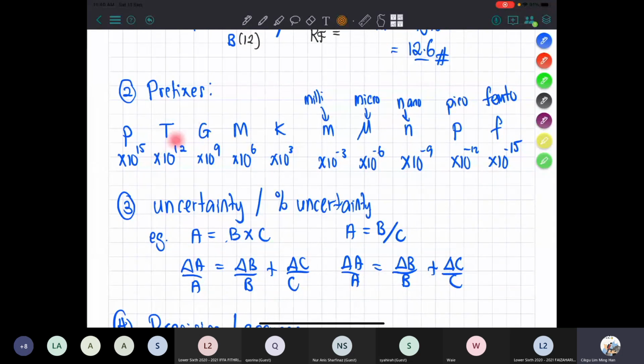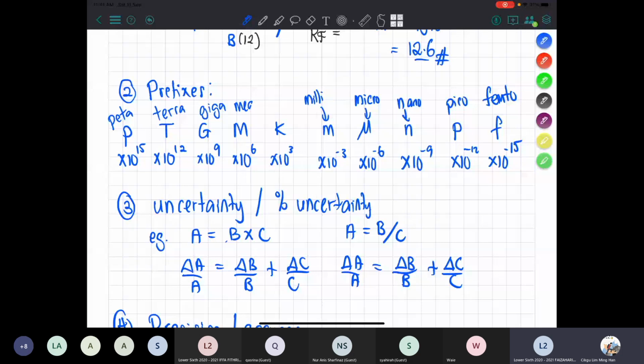And then the number 2 that you must be aware of is the prefixes. Prefixes are the symbols to represent the standard form. If you always write down your answer in standard form, it's very tedious, very long. So make sure that you know all this. We start with a small p. This is peta. Let me write down here. P stands for peta. And then T is tera. This one is giga.